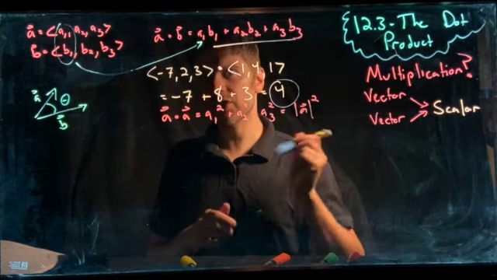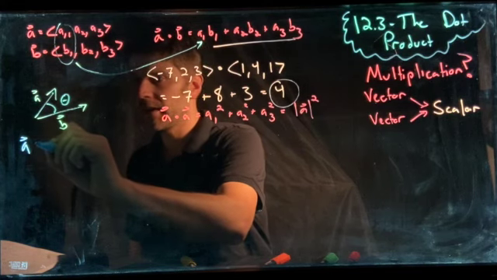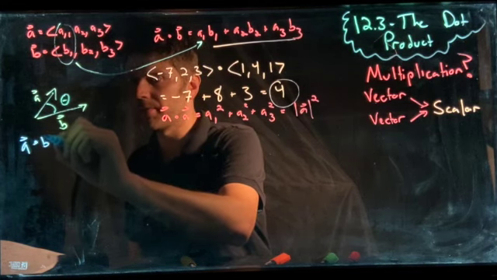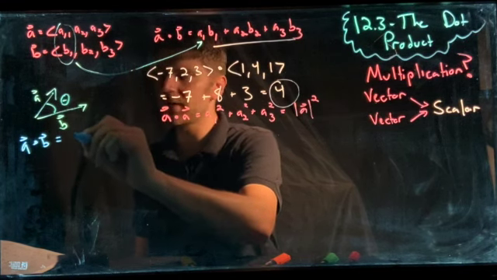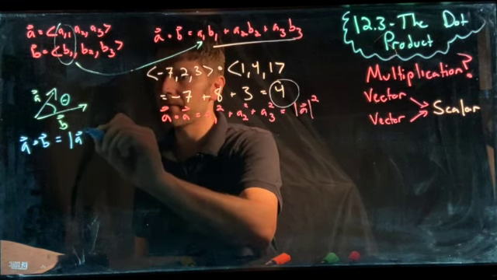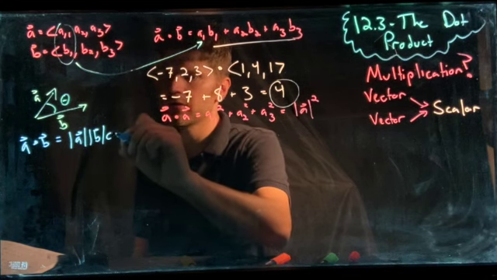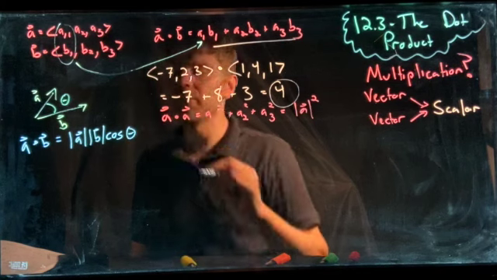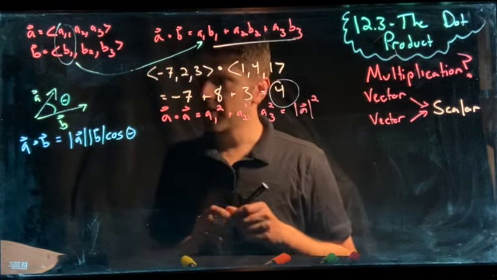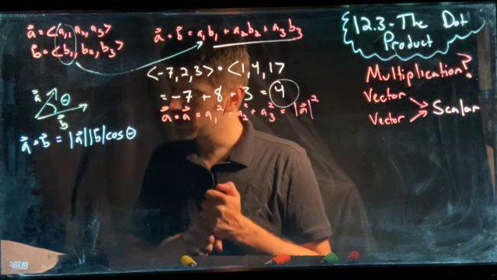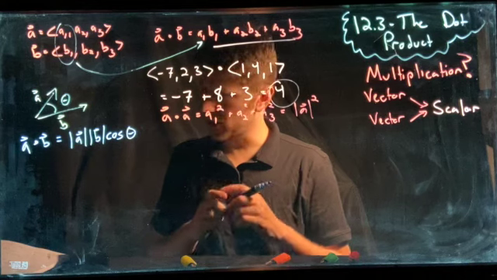In this case, it turns out that A dot B, in addition to being equal to a1 b1 plus a2 b2, et cetera, happens to be equal to the magnitude of A times the magnitude of B times the cosine of the angle between them. And this turns out to be very, very helpful because you can use dot products to find the angles between different vectors.